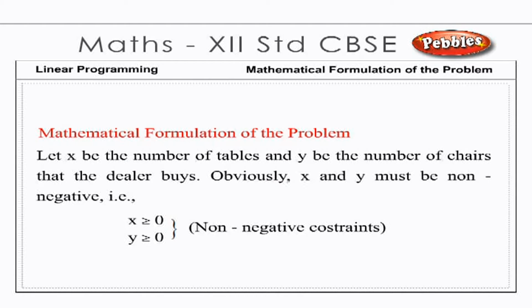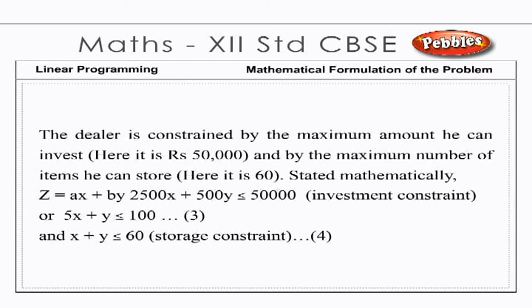Non-negative constraints. The dealer is constrained by the maximum amount he can invest. Here it is rupees 50,000, and by the maximum number of items he can store. Here it is 60.